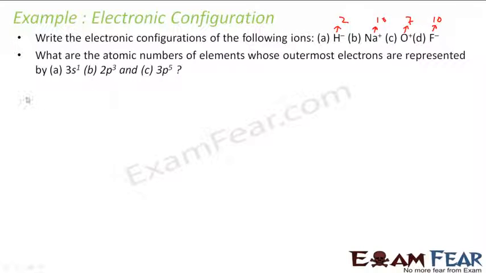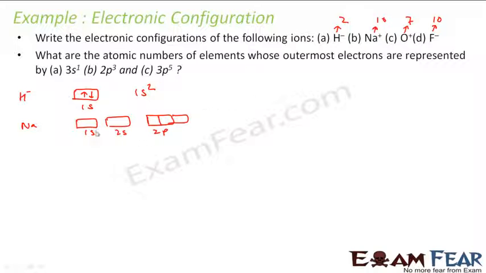So let's start with H minus. H minus will have 2 electrons. So 1s will be sufficient for this. So 1s2 will be the electronic configuration of H minus. Na plus has 10. So 1s subshell, 2s subshell, and 2p subshell is also required.